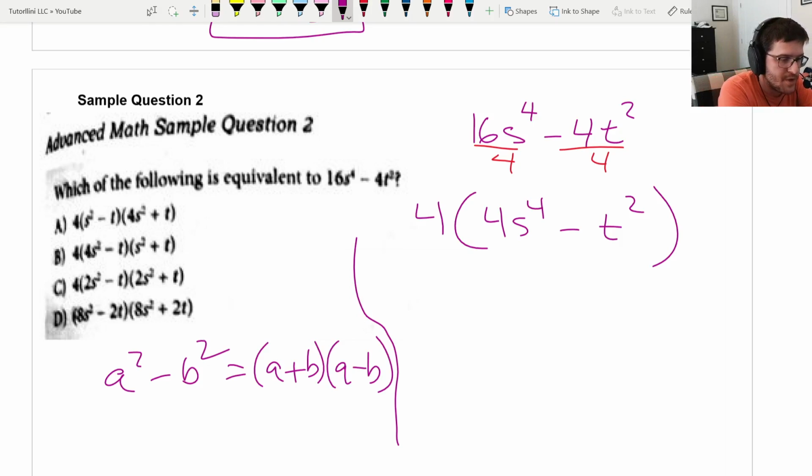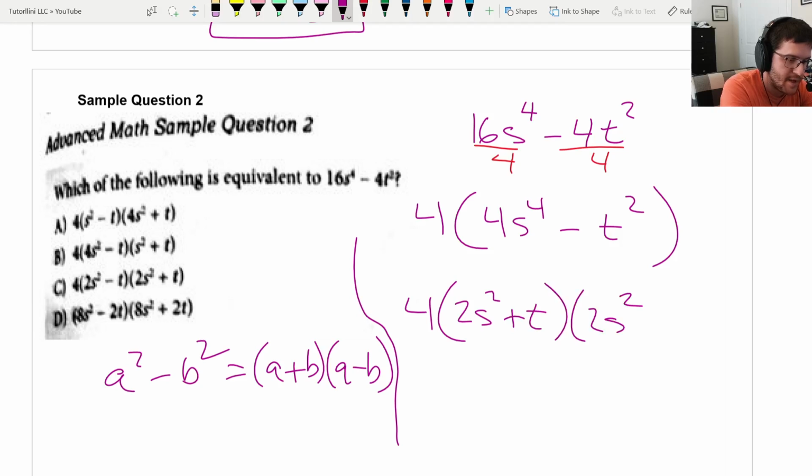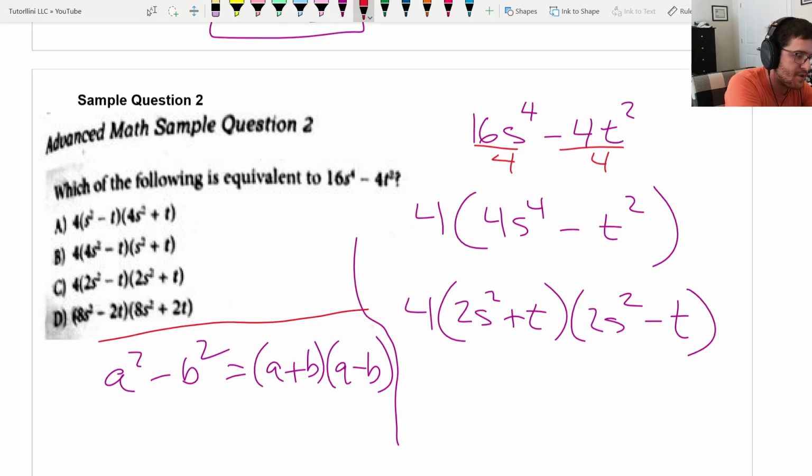Okay, so the square root of 4s to the fourth is 2s squared, and the square root of t squared is just t. So I'm going to make this 2s squared plus t and 2s squared minus t. Again, following this equation over here.